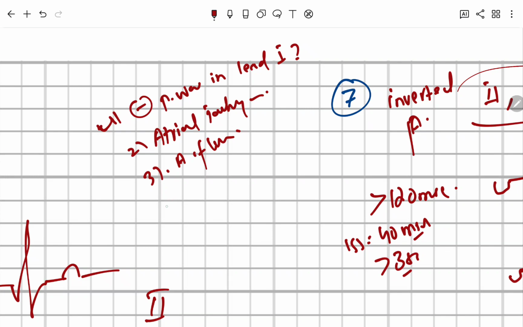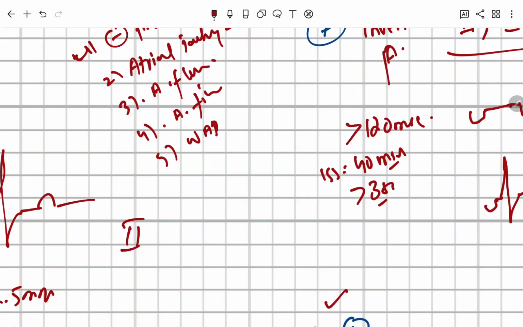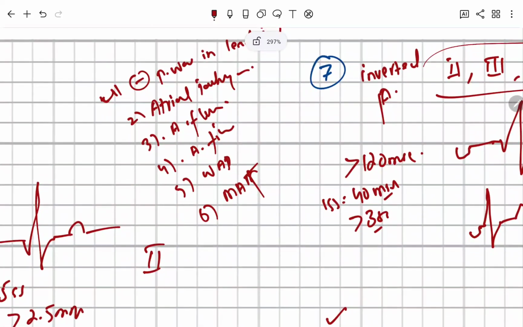What if we don't find any P wave, which is atrial fibrillation. What is wandering atrial pacemaker, what will be its ECG, and what kind of abnormality we're going to see in the P wave. And the sixth condition I'm going to talk about is MAT, multifocal atrial tachycardia. In the second part I'm going to discuss the rest of the abnormalities of P wave. That's all for today.